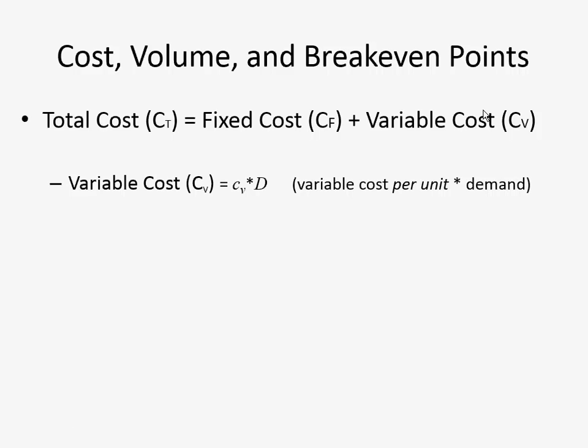The variable itself has two components though, because there's the overall variable cost, but this lowercase c sub v here, there's two c sub v. The capital C sub v means the overall variable cost, but the lowercase c sub v means the variable cost per unit. And so what is the cost for making each individual frying pan?